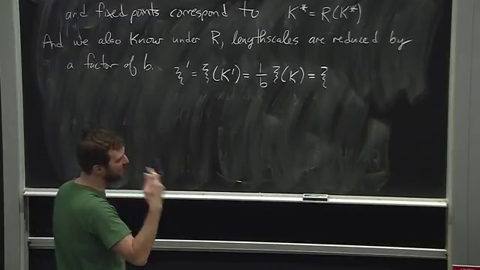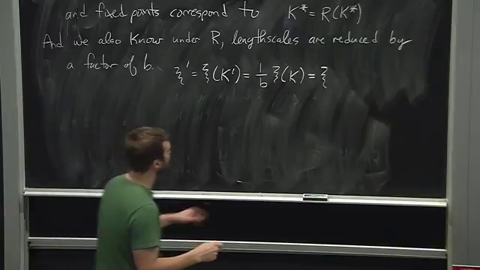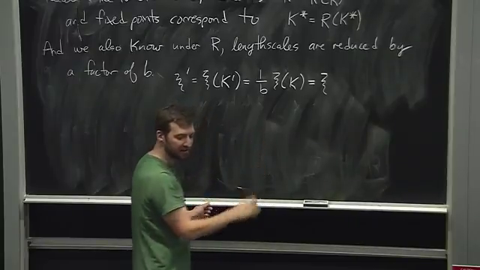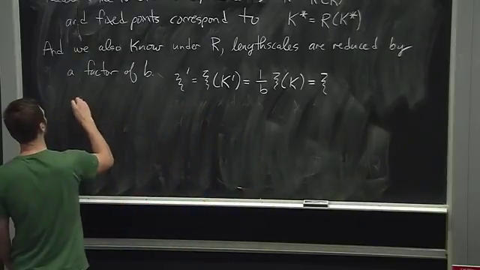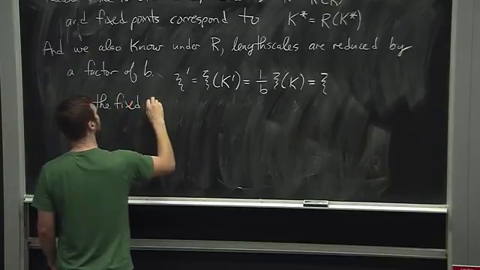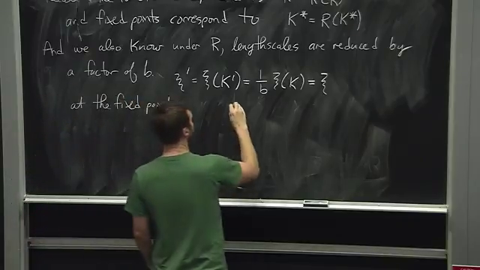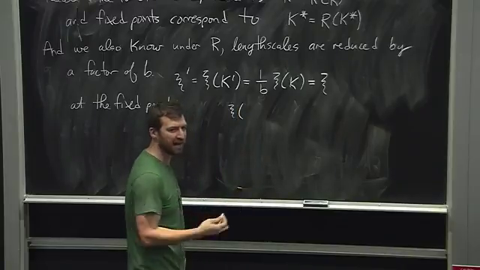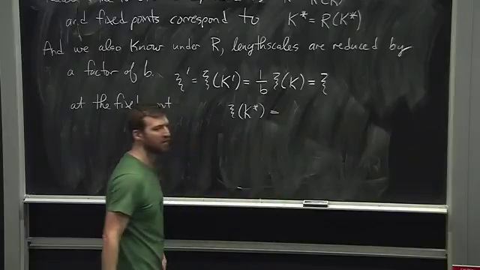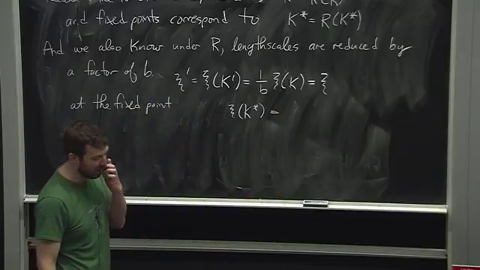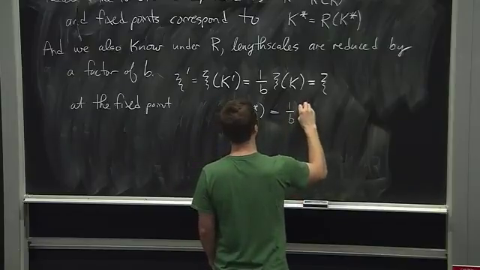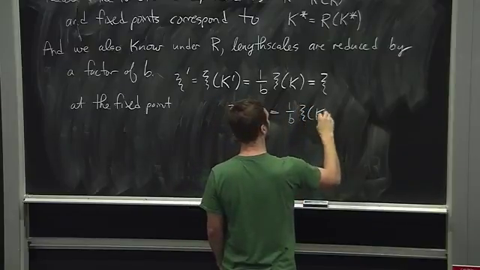So it means at the fixed point, I still have this rescaling of length scales, but then the correlation length at K star, which I'll say is like K prime, so it's after one step of the RG.